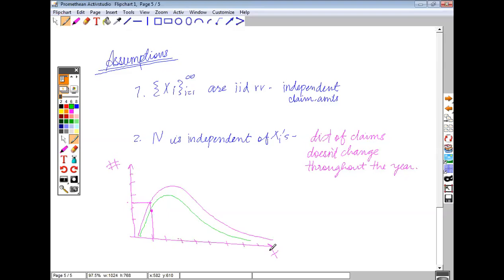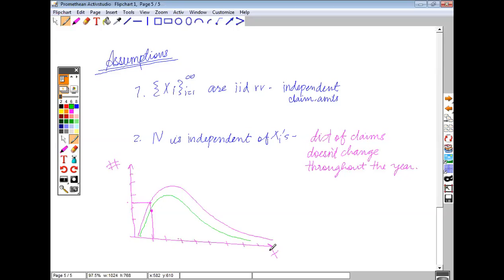Ma'am, can we relate this to the memoryless property, where past events do not affect what will happen in the future? Yeah, that will be the case here. Whenever I'm talking about n, what kind of a distribution will I be looking at? If I have to model the number of claims, what kind of distribution should I be looking at? Discrete, right? It cannot be continuous, because the number of claims can either be 0, 1, 2, 3.